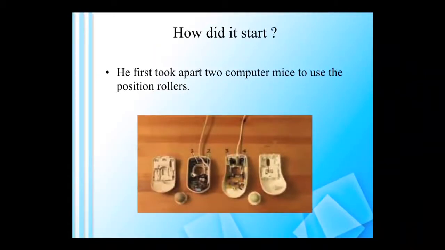How did it start? How did he get the concept to make a device called Sixth Sense? Generally, in the present world, we interact with machines by using a keyboard or a mouse. But Pranav, in his research, thought of having a better interaction with the machine. He took a mouse, which previously had a roller.